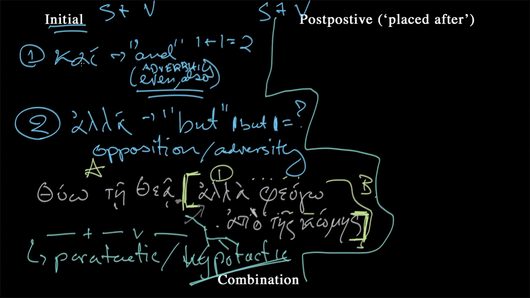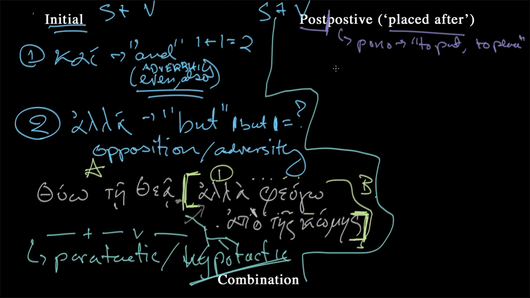Well, initial was first. That's easy enough. What does postpositive mean? Well, I give it away here. It means placed after. Latinists will know that post is the preposition for "after," and this comes from pono, which means to put or to place. So it's placed after. So what does that mean?